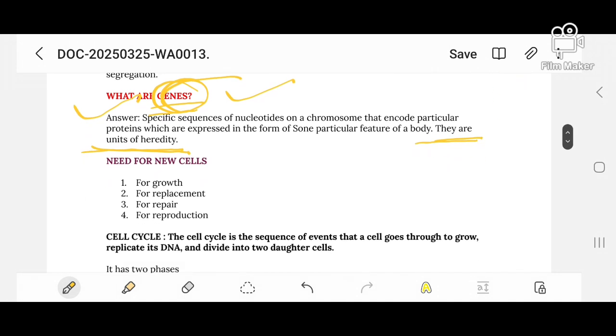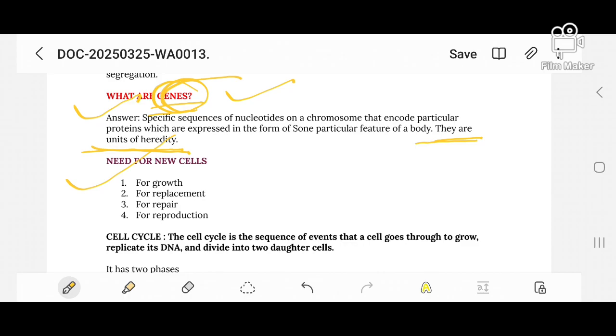Need for new cells. Why do we need them? You just need to know the names. There is a big explanation given in your book, not required at all, children. Why do we need a new cell? For growth, for replacement, for repair, for reproduction. Suppose in your school there is only one physics teacher, and there are total 4 sections in each class.